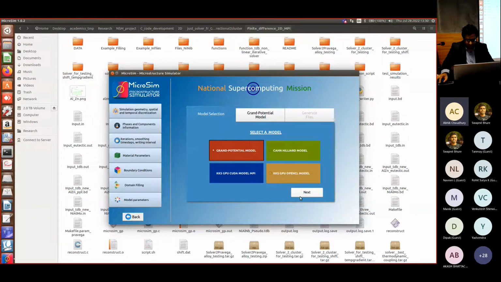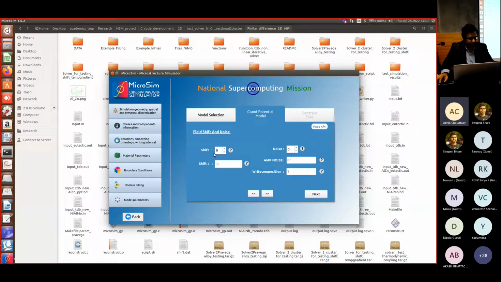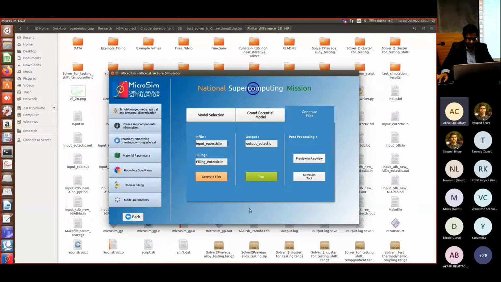Then I will go into this model. There's no shift here because it's a precipitation simulation. And I'll change these names. All right.